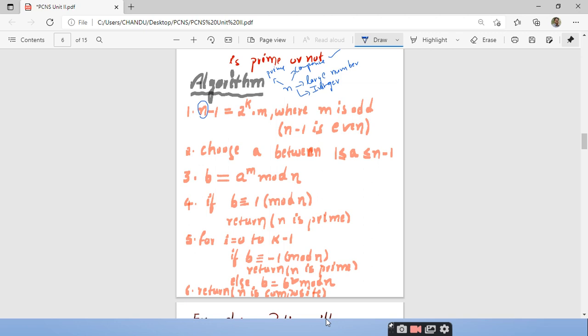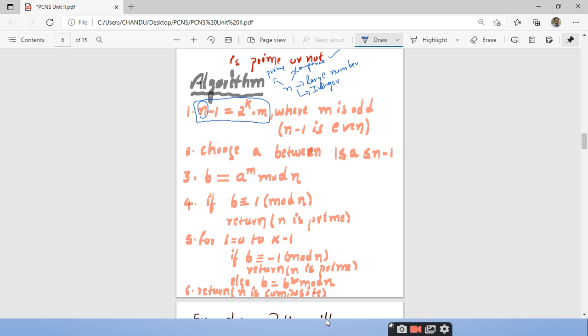First of all, we have to implement this formula. We take this n and subtract 1 from it, and that should be equal to 2^k times m. I will tell you with an example how we can formulate this. If n is given, you take n minus 1 and divide it by 2.